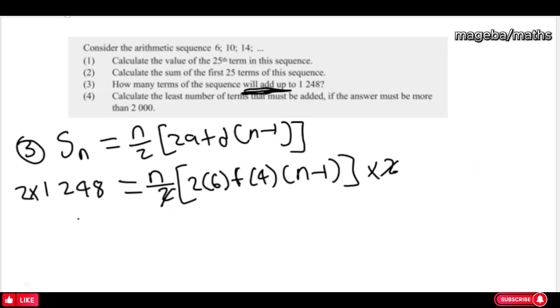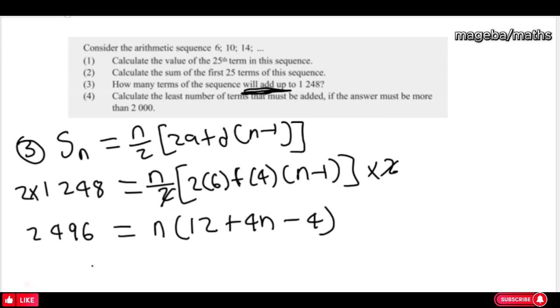which gives us 2496 equals to n into 2 times 6, which gives us 12, and then 4 times n gives us 4n. 4 times negative 1 gives us negative 4.